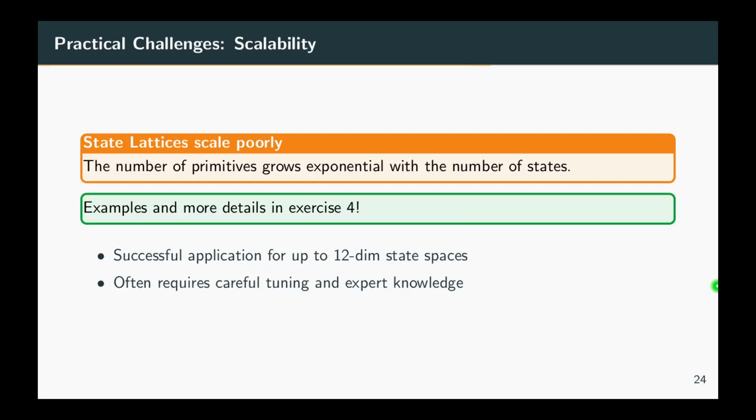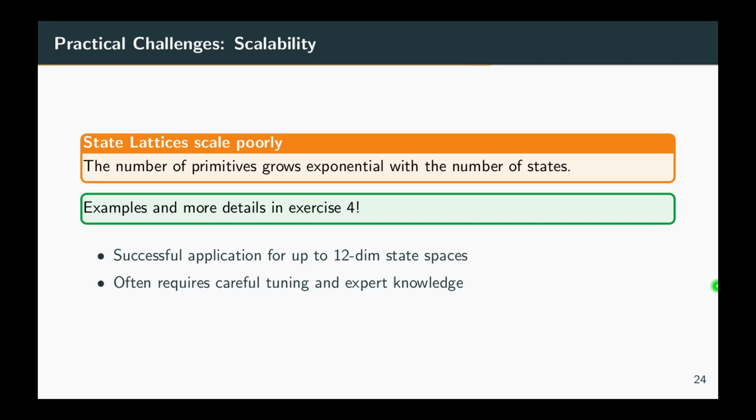Okay, and another challenge is that state lattices scale very poorly with the number of primitives. We have just discussed from a theoretical side, it would be nice to have more primitives, because then we get closer to the true continuous properties of completeness and optimality. But on the other side, the state space that you have to explore grows exponentially with your number of primitives, and you will see some very concrete examples also in the next exercise to demonstrate it.